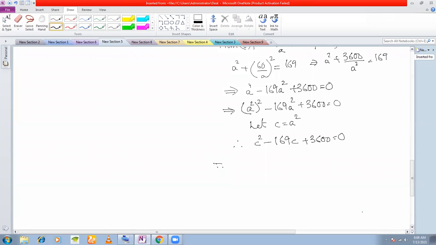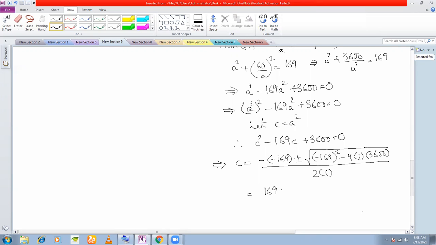Let us solve by Sridhar Acharya's formula because the factors are too big. So c is equal to minus of minus 169 plus or minus root over (minus 169) square minus 4 into a into c, divided by 2 into 1.